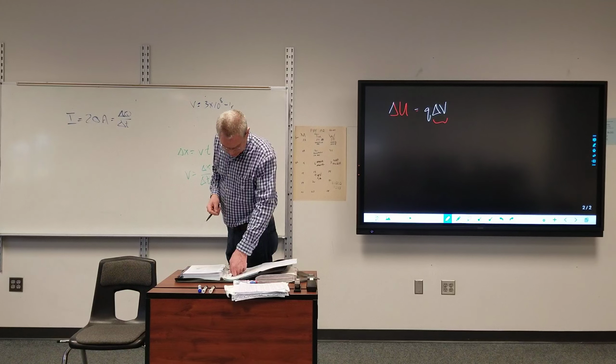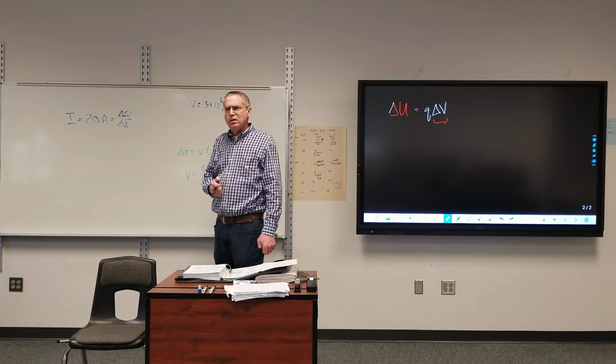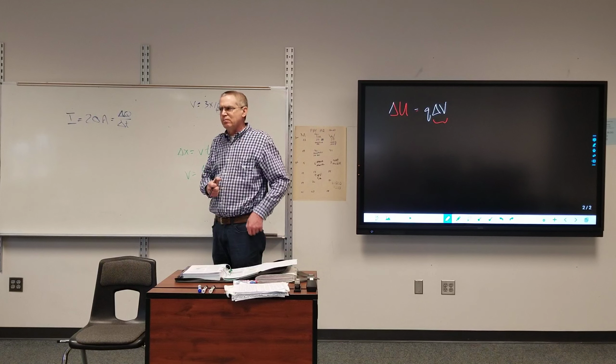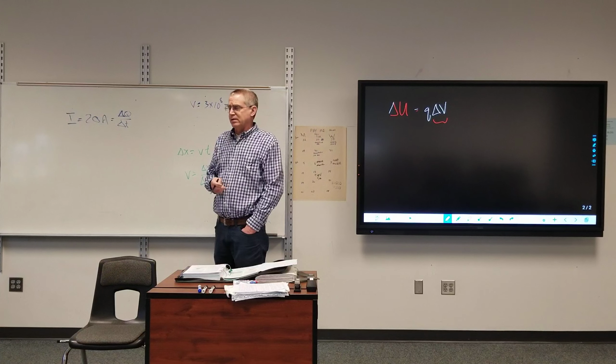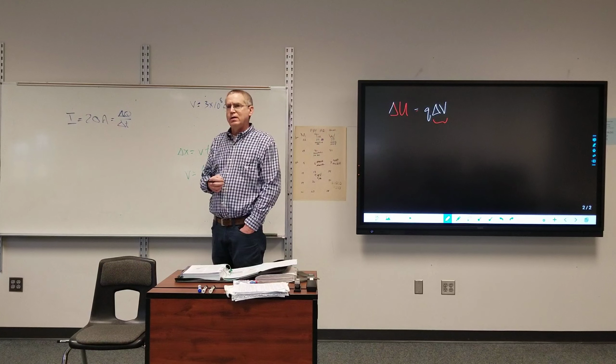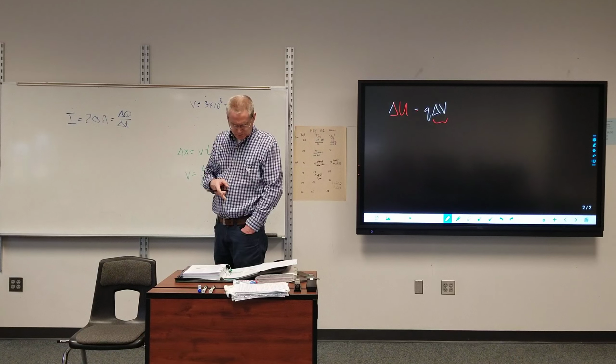In part A, the answer is 0.3 volts, and in B, the answer is 1.5 volts. So there's a bigger drop in the second one, dropping by 1.5 volts. When it says V equals IR, that's delta V. Some books are really picky about that and some aren't. So we're solving for how much it's dropping by.